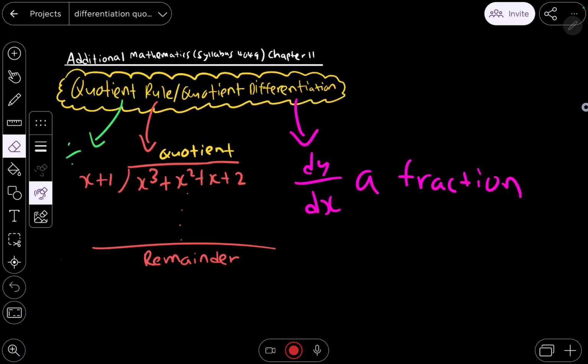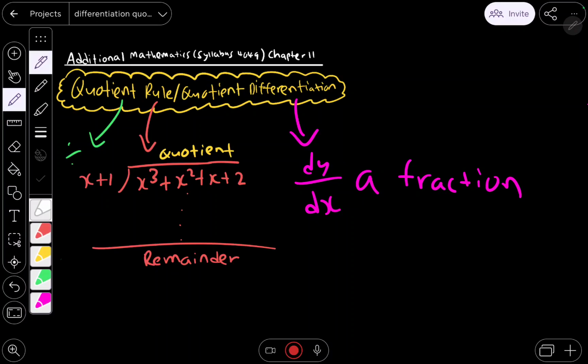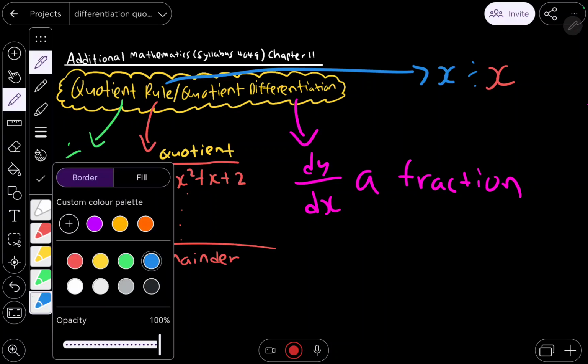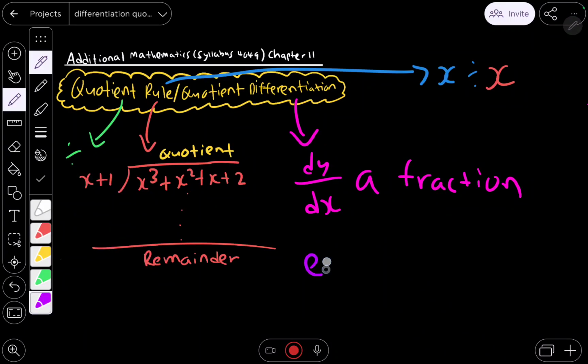Okay, so first of all, when do we do quotient rule? So the method is we will do it when we see a x term divide by another x term. Okay, so let's say for examples we'll write in purple, yeah?